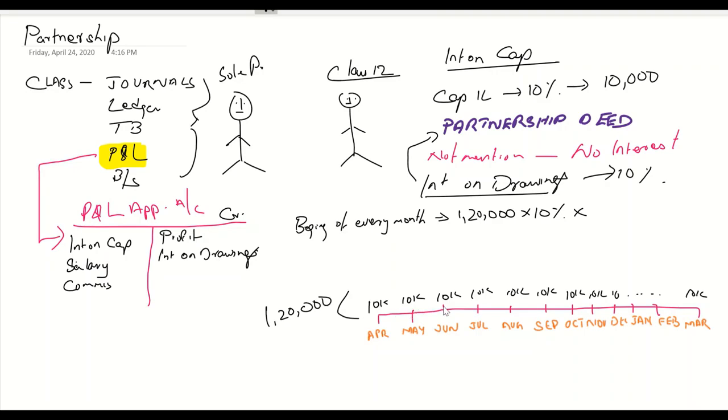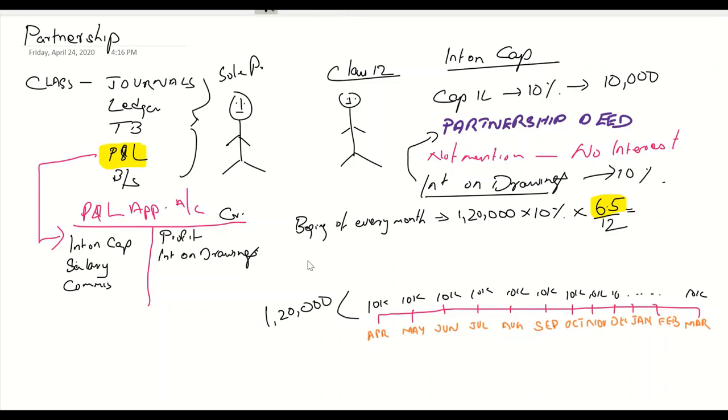In this case, he has withdrawn 10k at the beginning of every month. So interest on drawings will be calculated for 6.5 months.